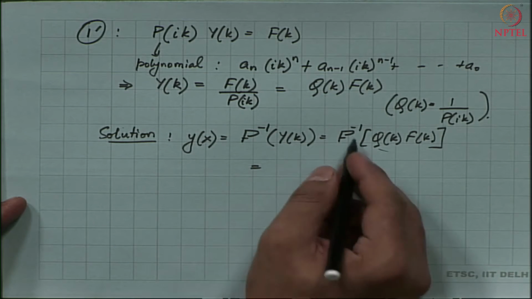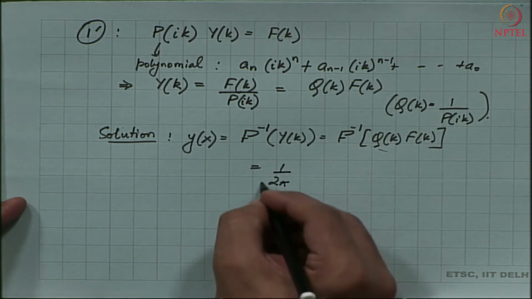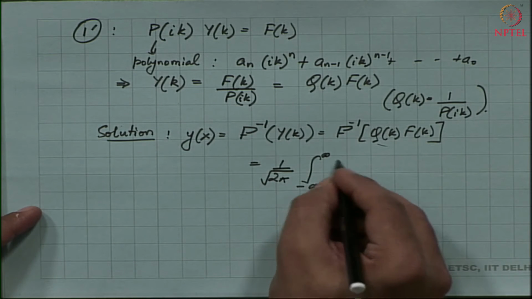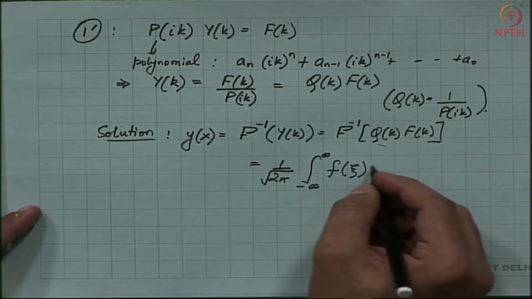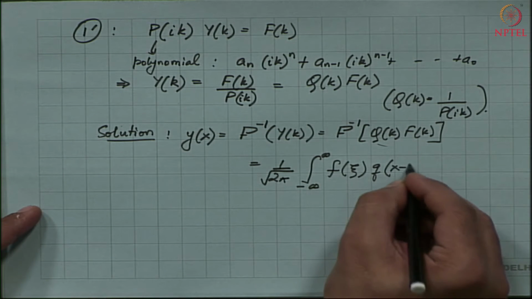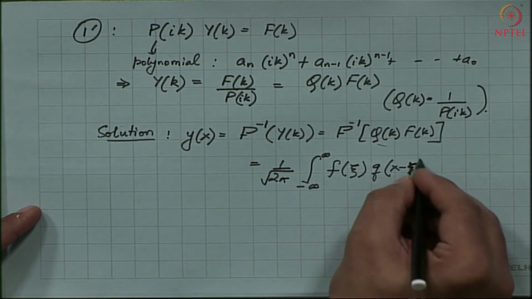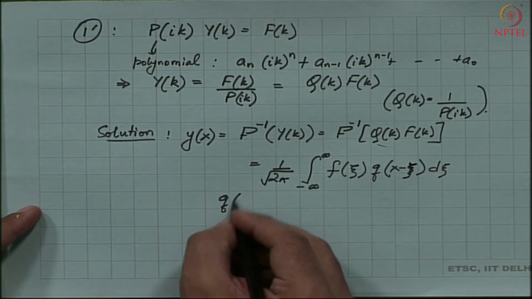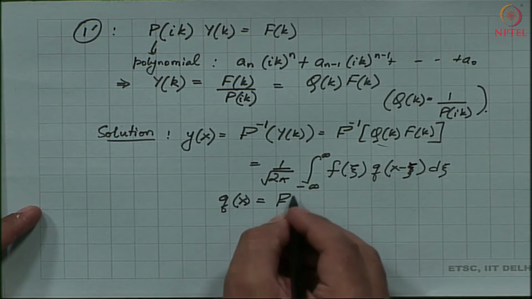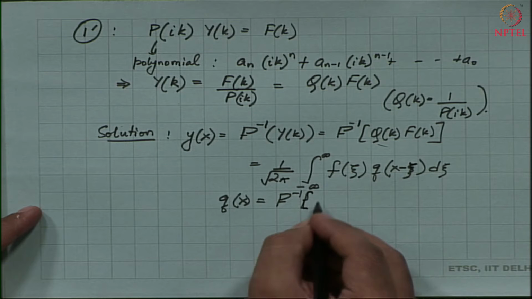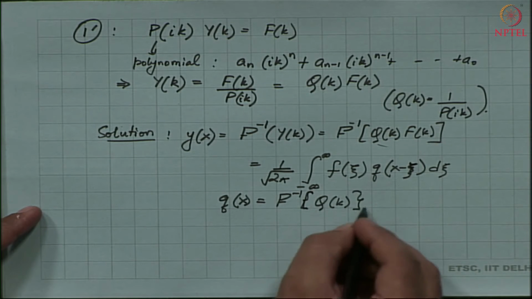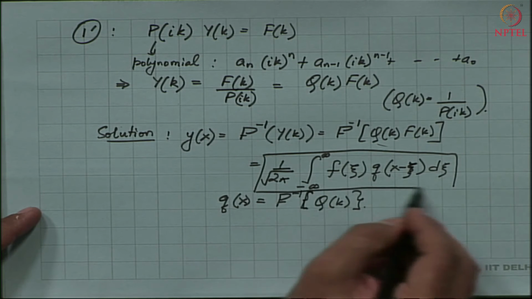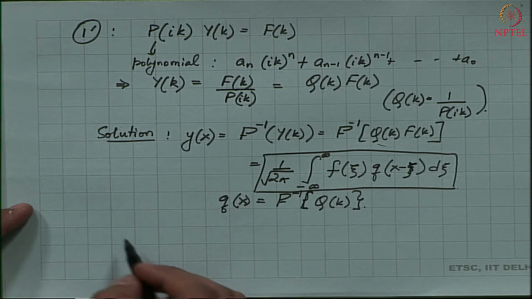So when I take the inverse, I get the following expression. This is 1 by square root 2 pi times the convolution integral of f(zeta) with q(x minus zeta) d zeta, okay, where q(x) is the inverse Fourier transform of Q(k). So the final answer can be simplified from this convolution result. So, let us look at some examples.